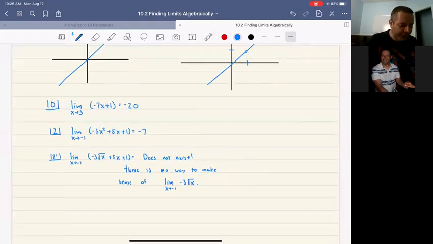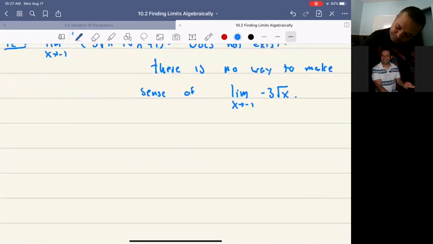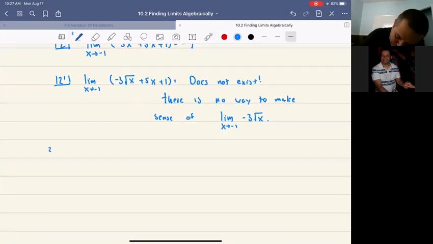Let's go with another one. Let's skip number 18; you guys can do that. Let's do number 30. The limit as x approaches 1 of the cube root of 5x plus 1.